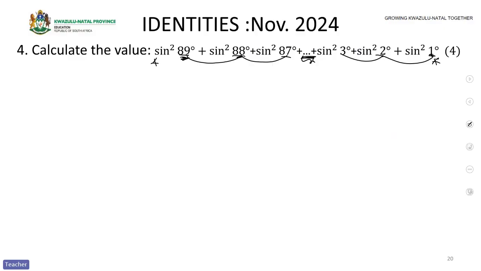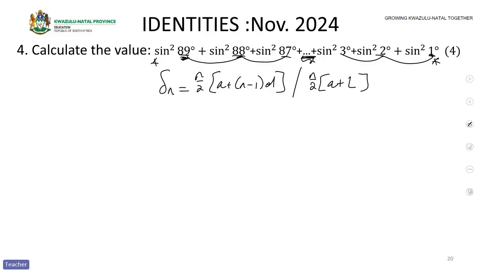However, we cannot use the sum formula for an arithmetic series, which is n over 2 into 2a plus n minus 1 times d, or the other one, which is n over 2 into a plus the last term. We cannot use this one. Why can we not use this one? It is because for this to work, the angle and the function do not get separated.